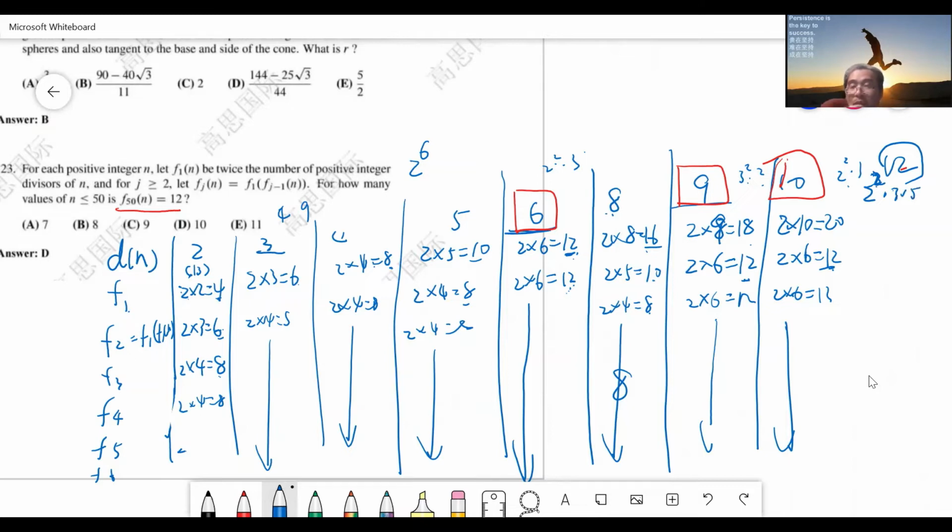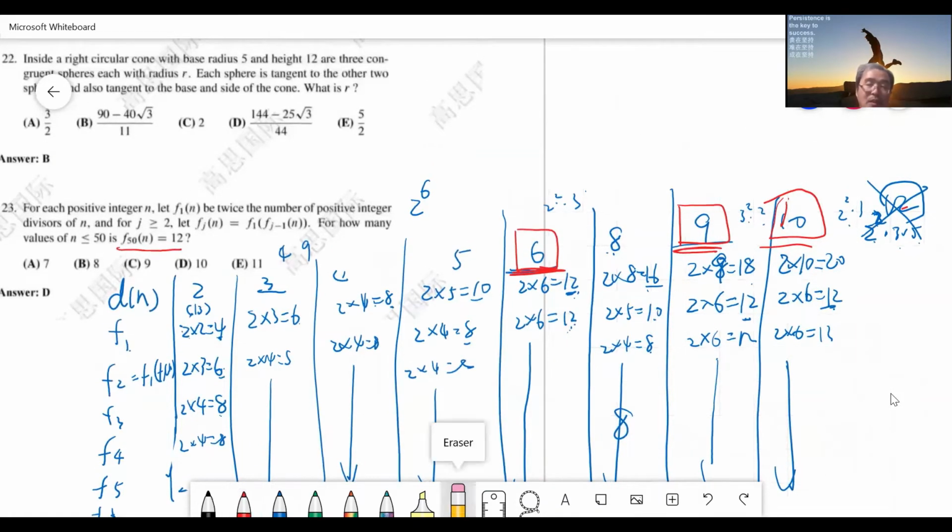So I think this is going to be the smallest number that has 12 factors. So this is 4 times 3 times 5, which is 60. That's going to be too large. So if you look at the larger numbers, none of them work. So thinking about all of this, n must have 6 factors or 9 factors or 10 factors, from 1 to 50. Then we're going to find all the numbers from 1 to 50 that have 6 factors, 9 factors, and 10 factors.